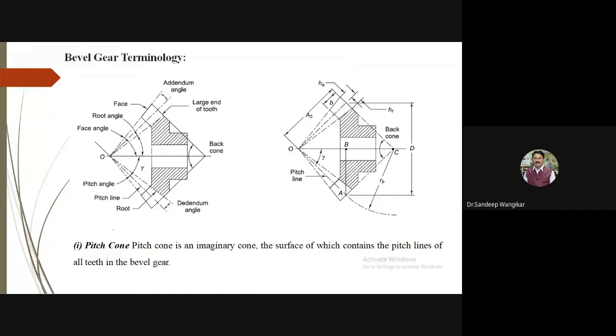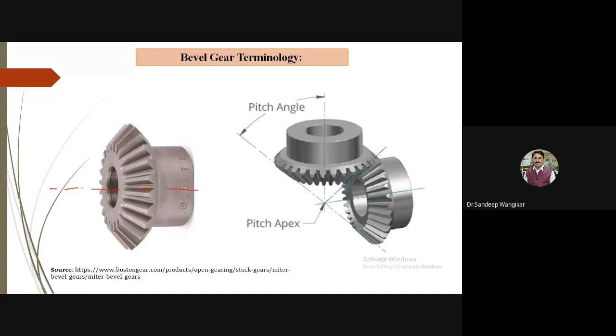I am just trying to give insight by referring to the 3D figure. Here you can clearly see that one will be at the root side, and the other will be at the face side. Similarly in this case, and these are the pitch lines drawn.